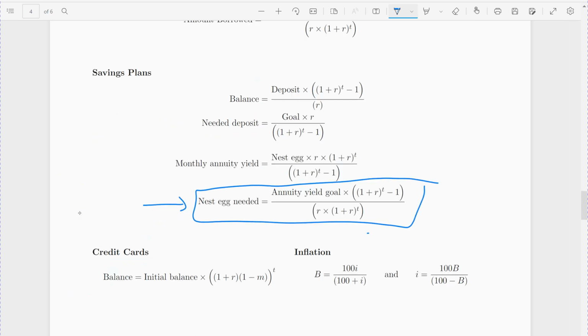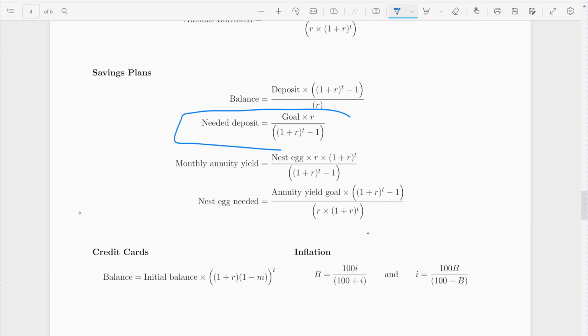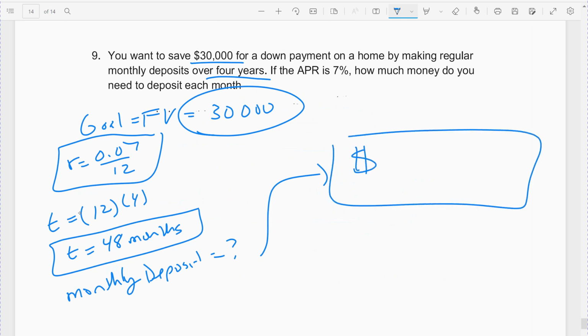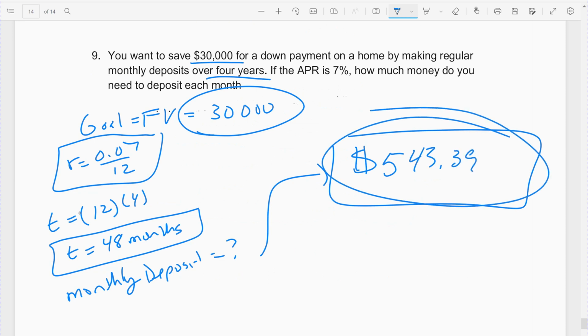We need to figure out how much we need to deposit to reach our future value goal, and we know R and we know T. So this is the formula we want to use. We plug it in carefully, and do make sure you try it. The answer is $543.39.